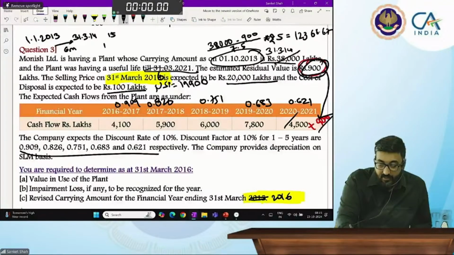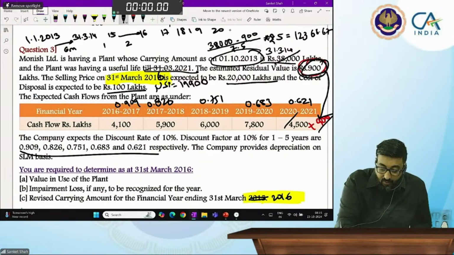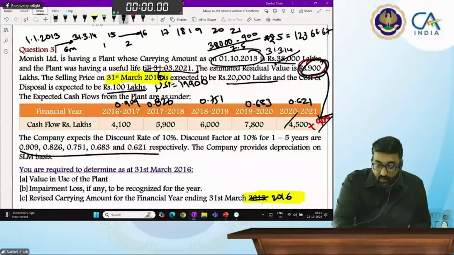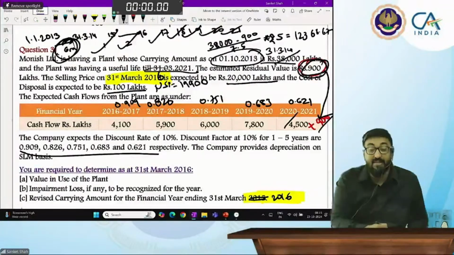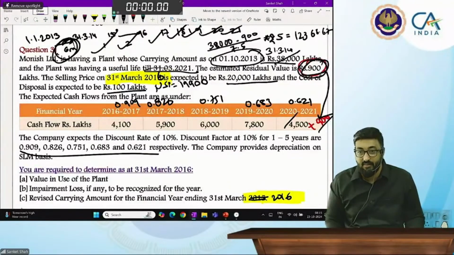So this is 6 months, then 1, 2, up to 16, 17, 18, 19, 20, 21. So here, these 6 months are separate. 1, 2, 3, 4, 5, 6, 7. 7 years and 6 months means 7.5 years. Any difficulty, Rosalind ji? No sir. So my asset life is 7.5 years.